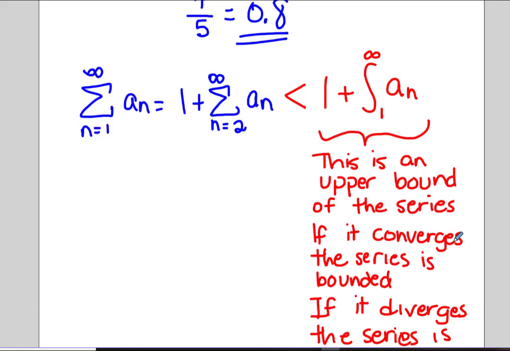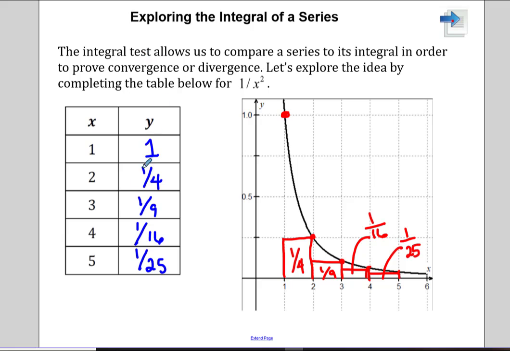If the series converges, the series is bounded, and if it diverges, the series is unbounded. And we saw that convergence is not affected by the first n number of terms, where we only looked at the first 5 terms in this case.